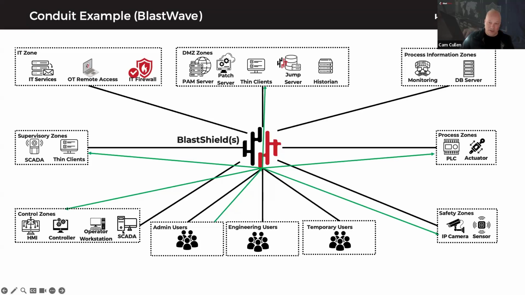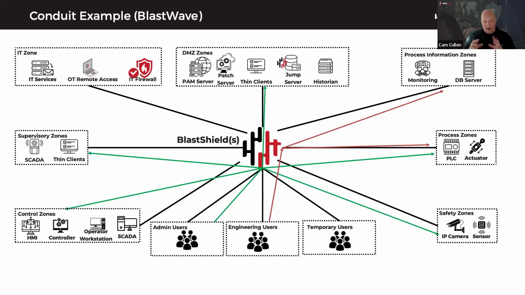Whereas maybe another set of users, the engineering users, when they connect to BlastWave, all that they can see and access in the network might be the process zones and the process information. So maybe they can only see the actual devices and the things that are running in that network from a process perspective, to make sure that the actuators and the PLCs and the data storage and everything is being collected and processed correctly.